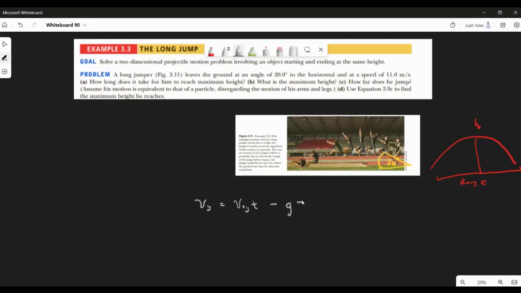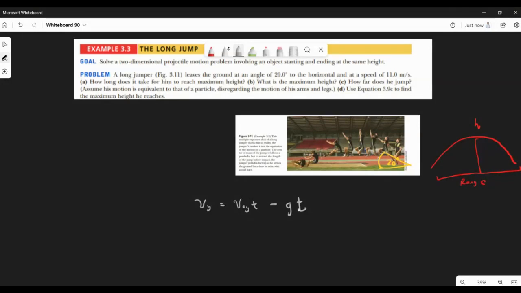It's the same as the other one. Okay, cool. So what we have to know is exactly the same as your one-dimensional motion.